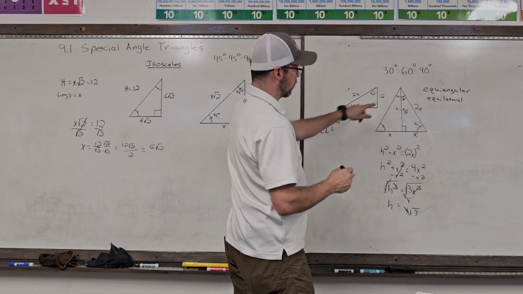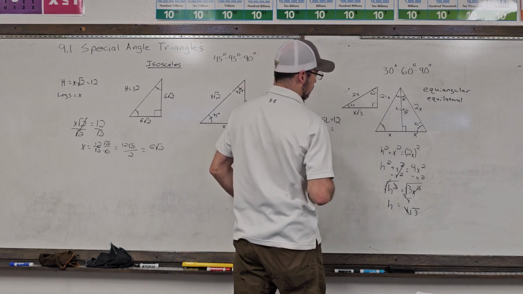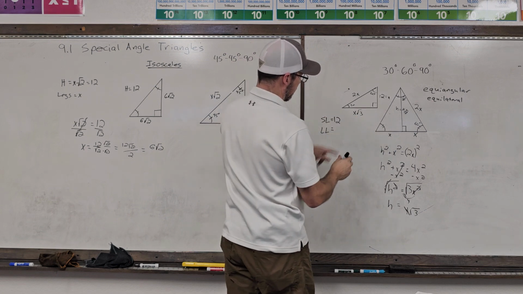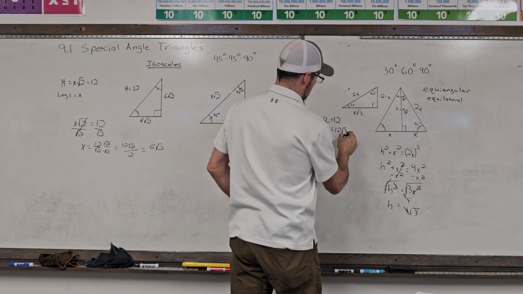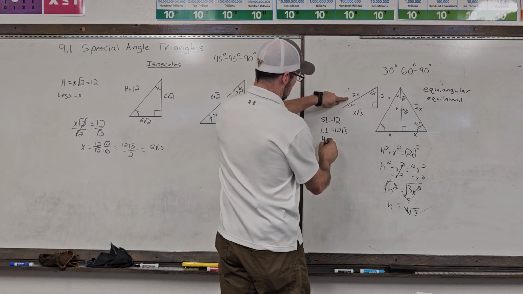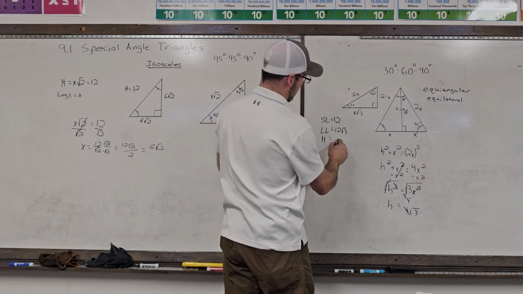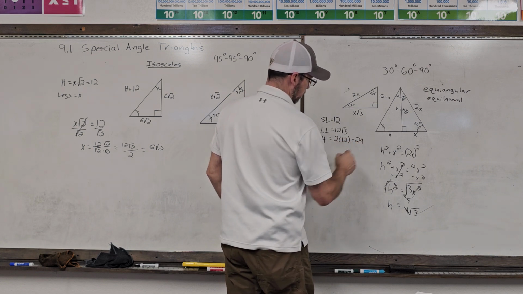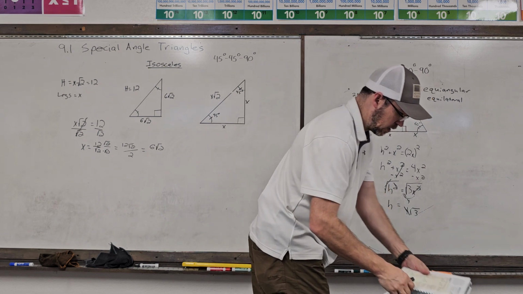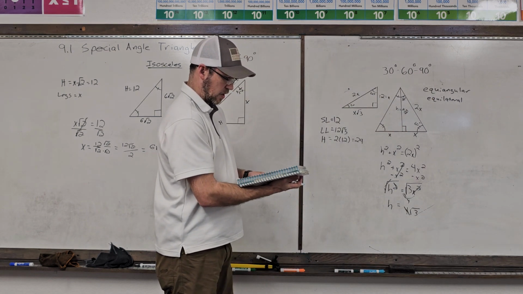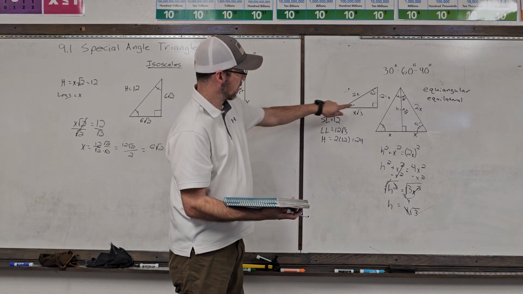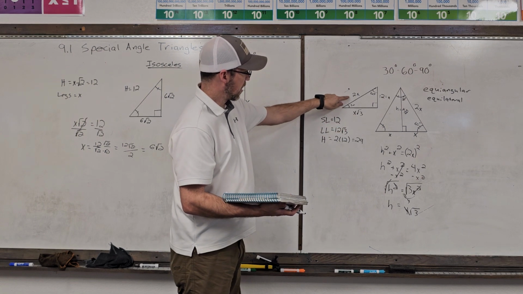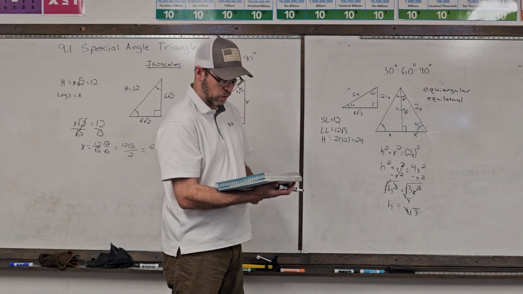If I replace X with 12 here, then I need to replace X with 12 here too. And for my hypotenuse, I replace that X with 12, so I get 2 times 12, which is 24. So my short leg is just 12, my long leg is 12 square roots of 3, and my hypotenuse is 24.